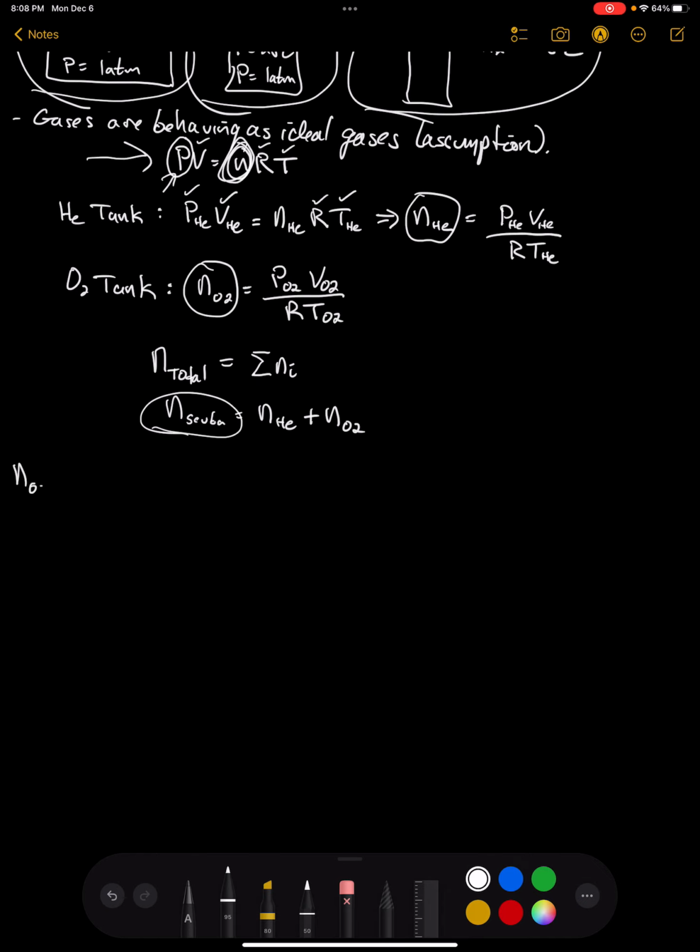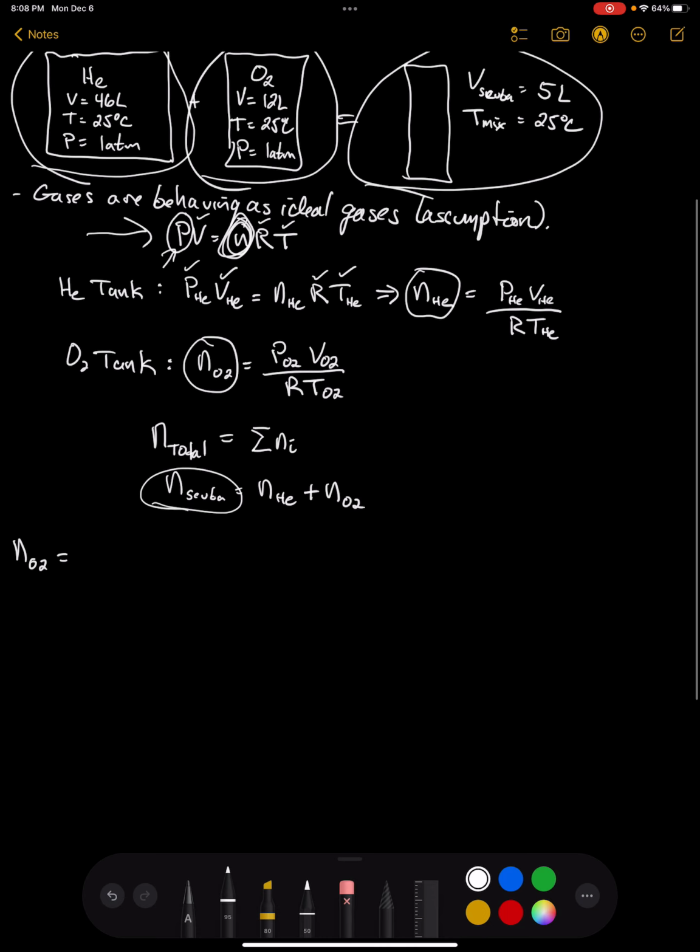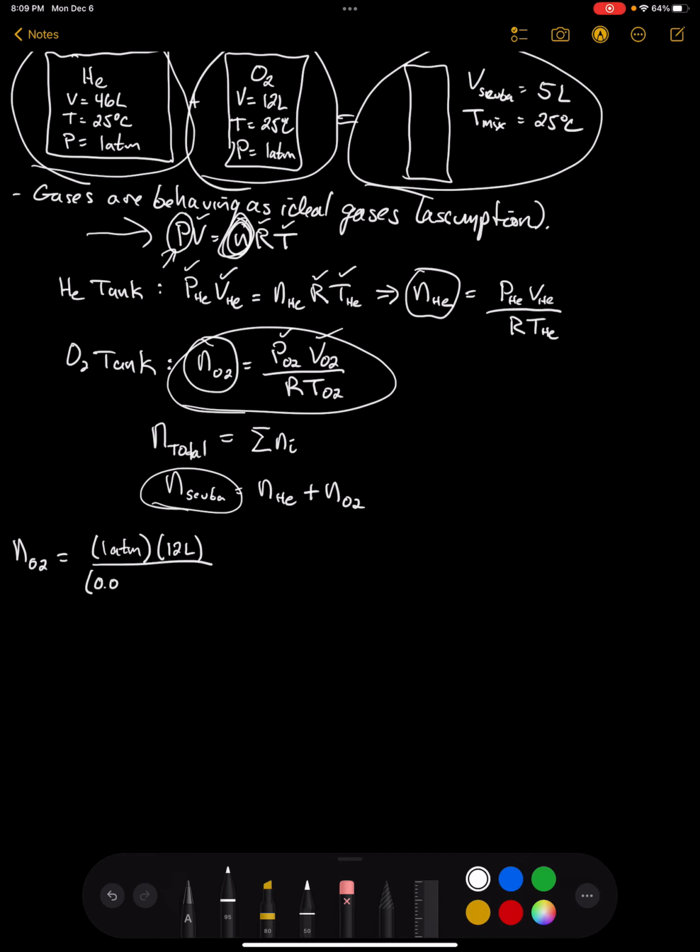So the number of moles of oxygen is, again, this equation here, where it's the pressure, 1 atmosphere, times the volume, 12 liters, divided by the gas constant, and we'll use the form that is 0.08206 liters atmospheres over Kelvin mole, times the temperature, which is 25 degrees C, but be careful, it needs to be absolute, so I add in the 273.15 to make it then Kelvin.